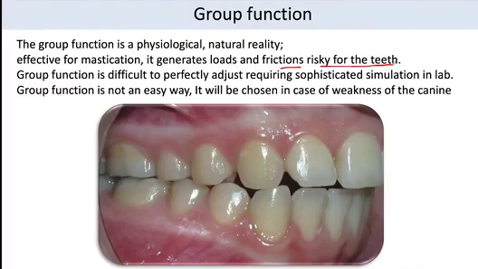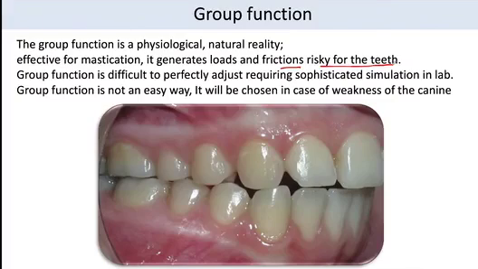Group function is difficult to perfectly adjust and requires sophisticated simulation in the lab. You need simulation of the lateral movement with an analogic articulator or digital system, whatever. You need it to have this adjustment as perfect as possible.